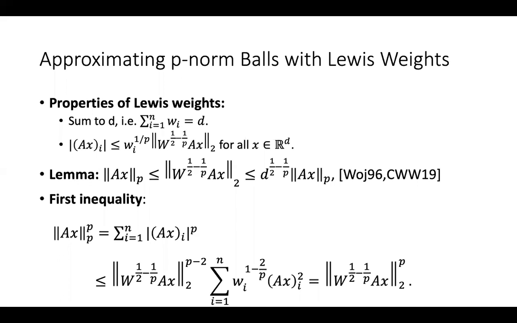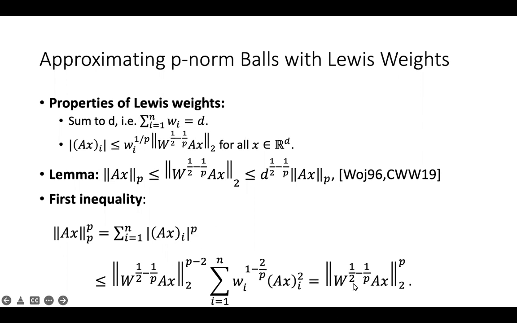So let's prove the first inequality, that the p-norm of Ax is at most the L2 norm of W to the 1/2 minus 1/p Ax. The proof of this will require the second bullet point under the properties of Lewis weights. To see this, let's write the p-norm of Ax to the pth power as the sum over all coordinates of |Ax_i| to the p. Out of those |Ax_i| to the pth power, pull out |Ax_i| to the p minus 2 power and use the second bullet point above. This will give you that it's at most the L2 norm of W to the 1/2 minus 1/p Ax to the p minus 2, times some power of Wi times Ax_i squared, because I removed p minus 2 powers.